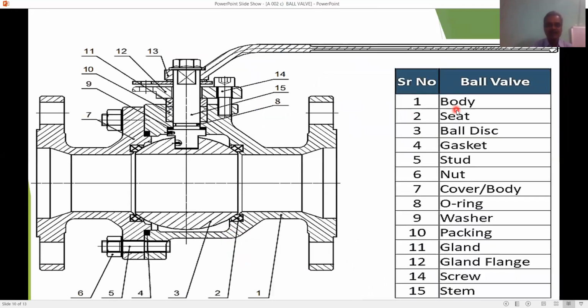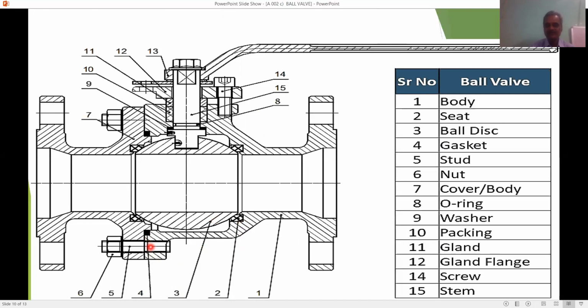Number 1, body. Number 2, seat. Number 3, ball disc. Number 4, gasket. This is a 2-piece valve, hence a gasket is required here.